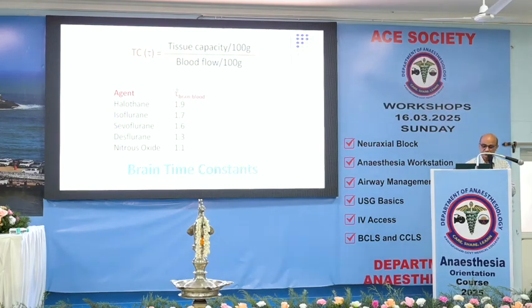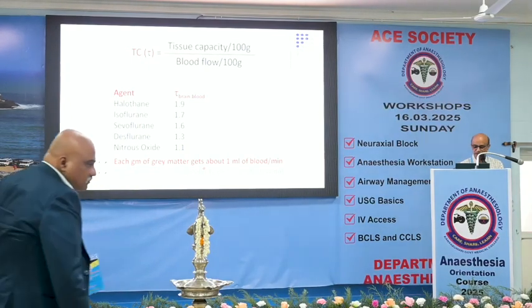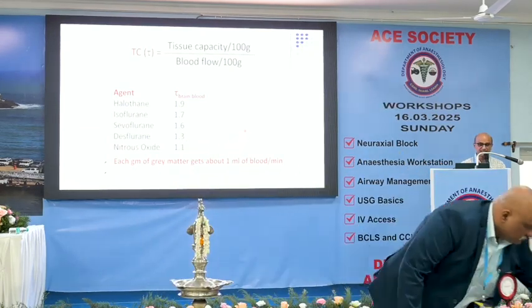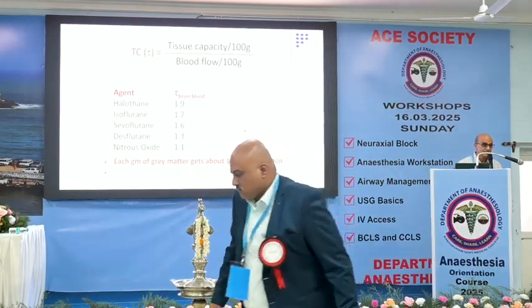So for one time constant, each gram of gray matter gets about 1 ml of blood per minute. Therefore, the brain time constant should be equal to the solubility of the anesthetic agent in minutes.